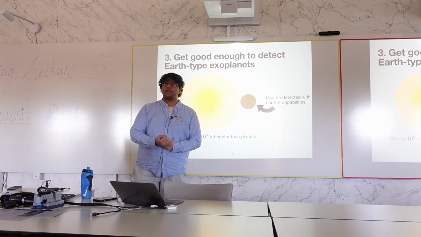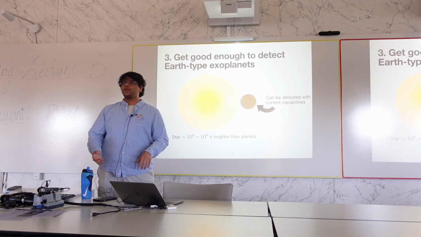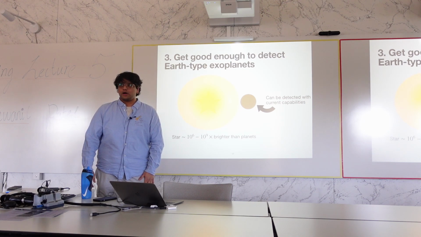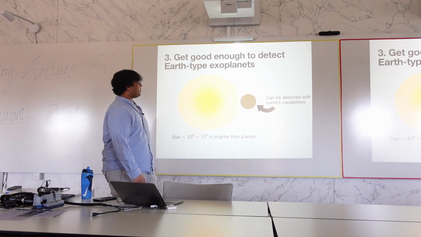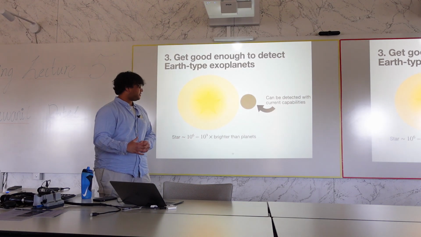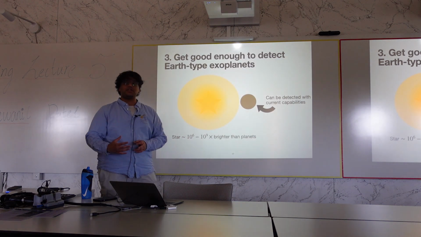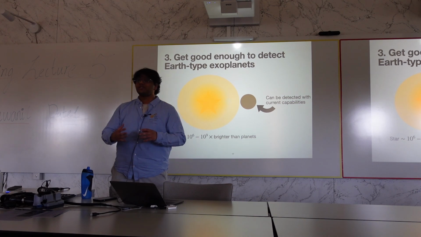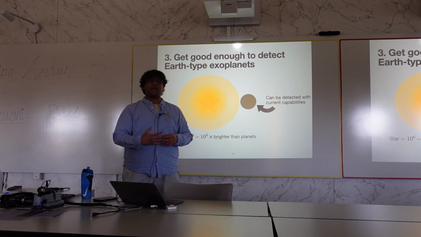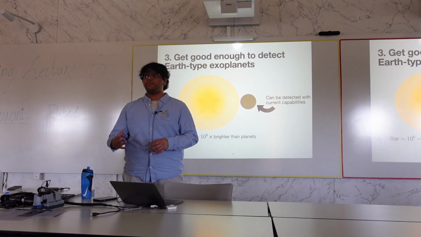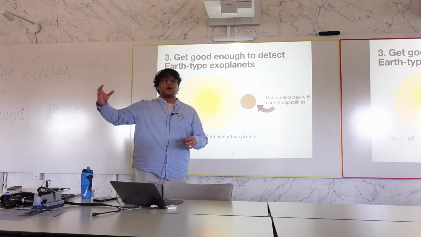So what's the third issue we have? We want to be good enough to detect Earth-like exoplanets. The stars which have exoplanet systems are 10 to the power 6 to 10 to the power 9 times brighter than the planet. As of right now, using the current technologies we have, we can only detect planets which are either far away or very big.